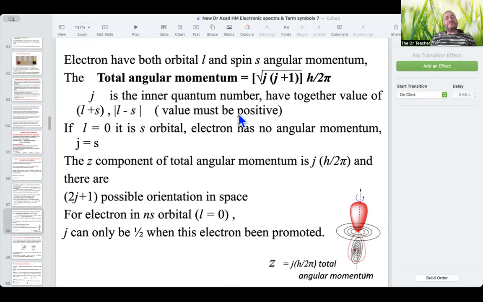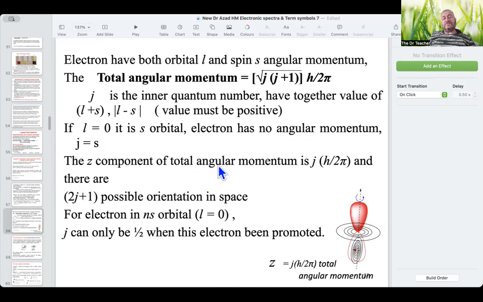So the value must be positive. So if L equals to 0, it is S orbital. So electron has no angular momentum. J will equal to S. Okay. So J will be equal to S when L is 0.